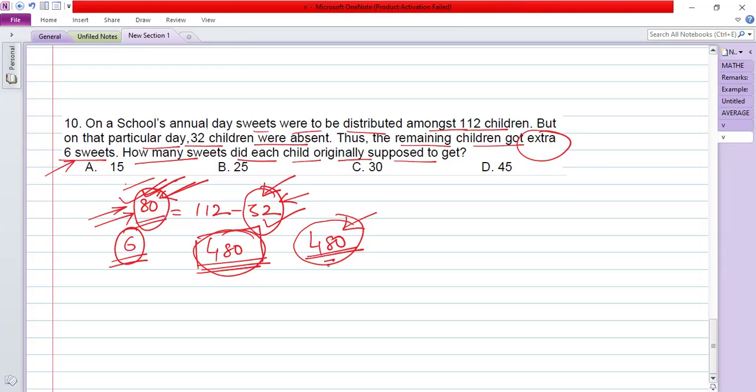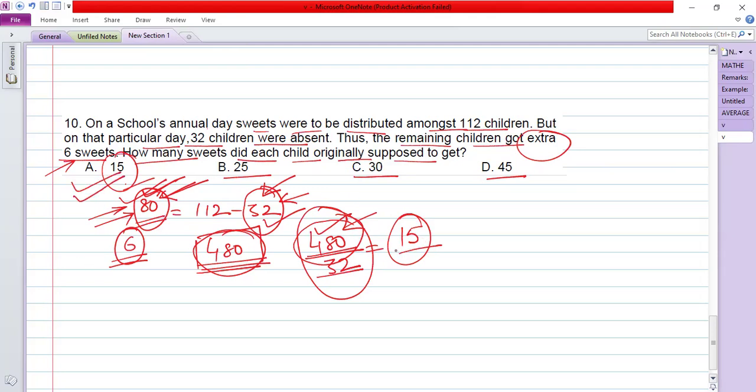Originally, for these 32 students, what will be the average sweets? It is 480 divided by 32. If we divide this, obviously it will be 15, because if you see all the options, the tens digit is not 1 in any of them, so obviously it will be 15. Moreover, we can verify that 32 into 15 is 480, which means this option is correct.